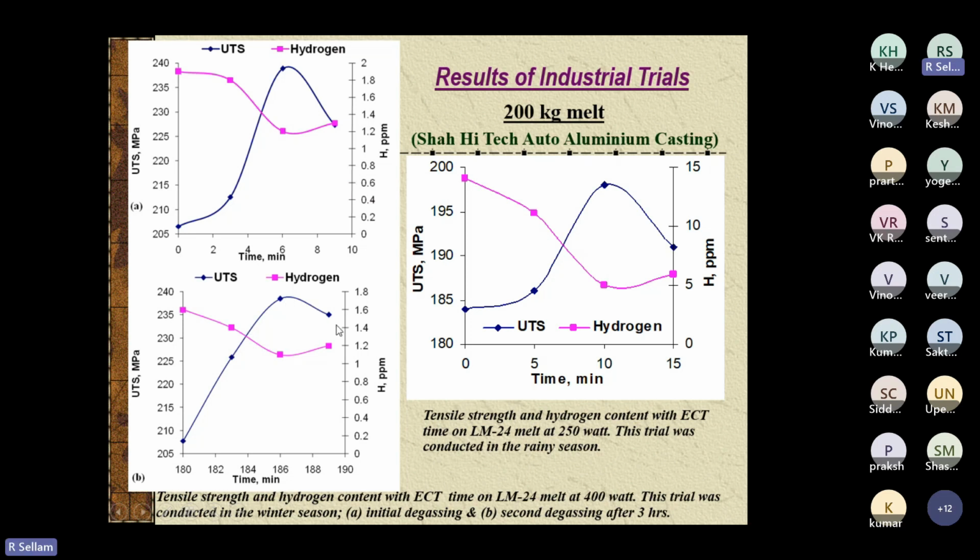Similarly for the UTS value. So you have to be careful. If you degas the hydrogen but leave the melt for infinite time, the metal will pick up hydrogen again from the atmosphere, provided it is not covered by a coverall flux. And again you need some further degassing to get the optimum value.